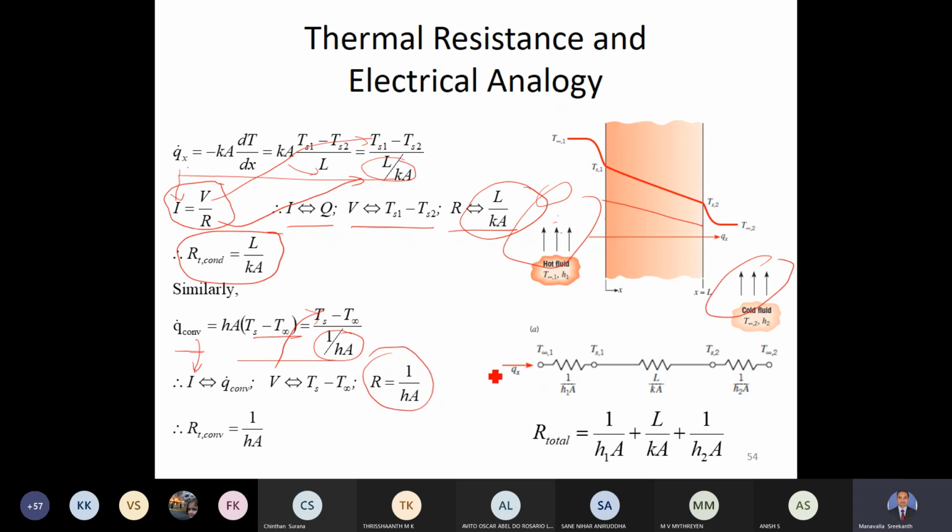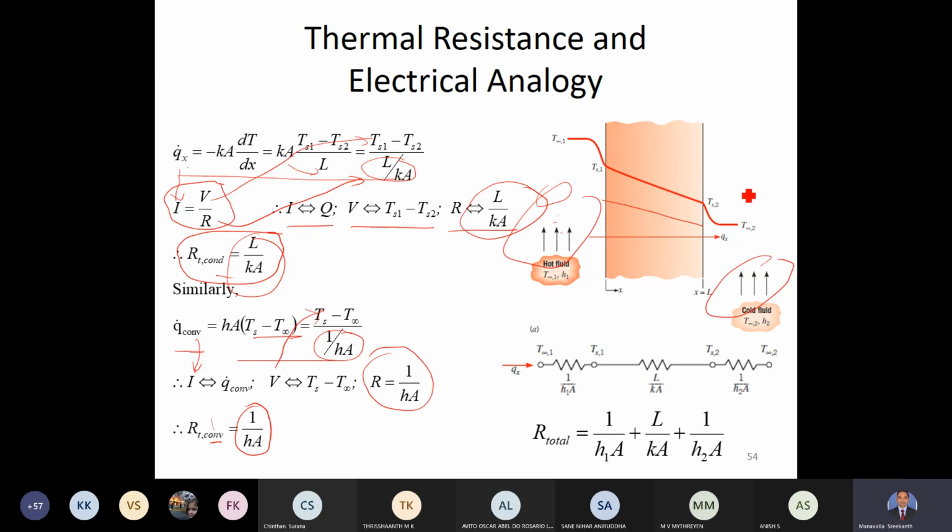Whenever we have convection, the resistance is 1 by hA. You see here the convection resistance is written as R with a subscript T, T for thermal, but because of convection. Because of conduction, L by kA. Because of convection, 1 by hA.